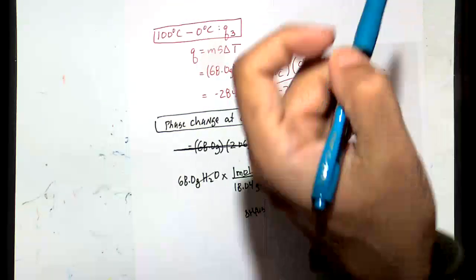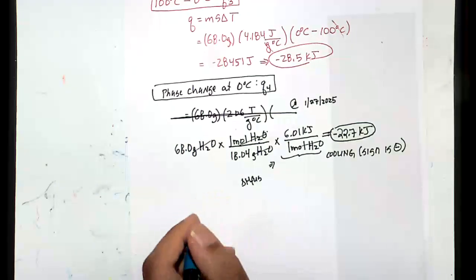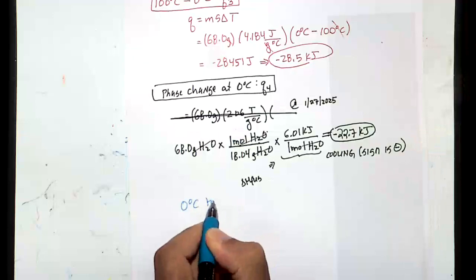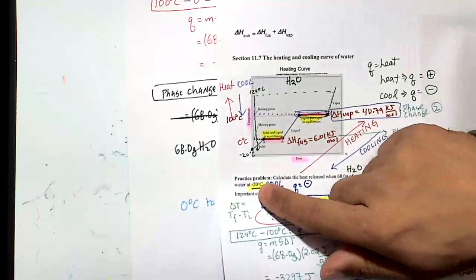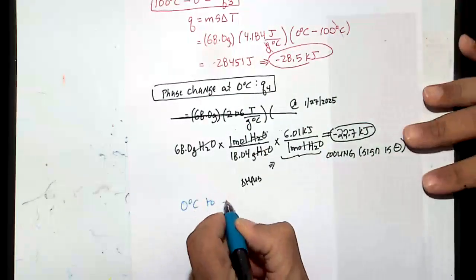I'll use this, whatever color this is called. So finally, we go from 0 degrees to our final temperature, minus 20. This will be Q5.